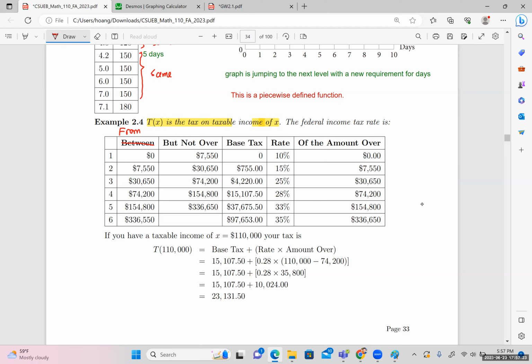So if the income is from 0 but not over $7,550, then you will use the base tax of 0 with the rate at 10% of the amount over 0.00.